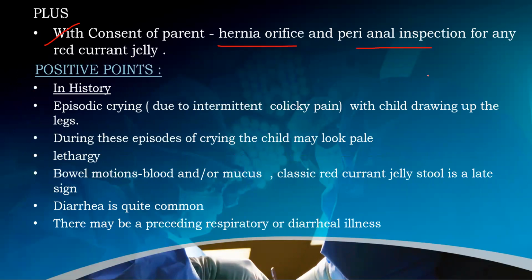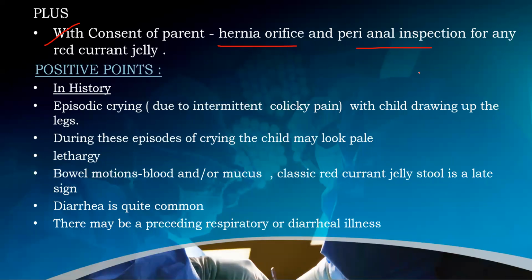Remember one thing: in intussusception, it's very important to look in the perianal area for any red currant jelly-like stool. It's very commonly given in the exam, though not a very common finding because it's a late sign of intussusception. But in the exam, you should always look for it.